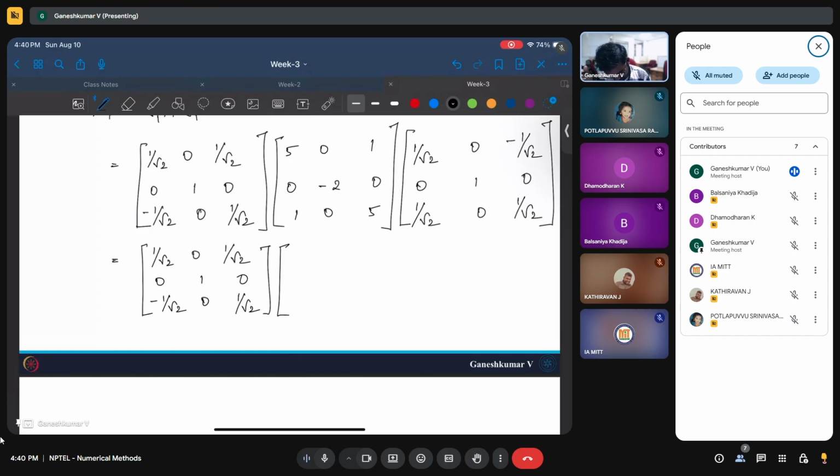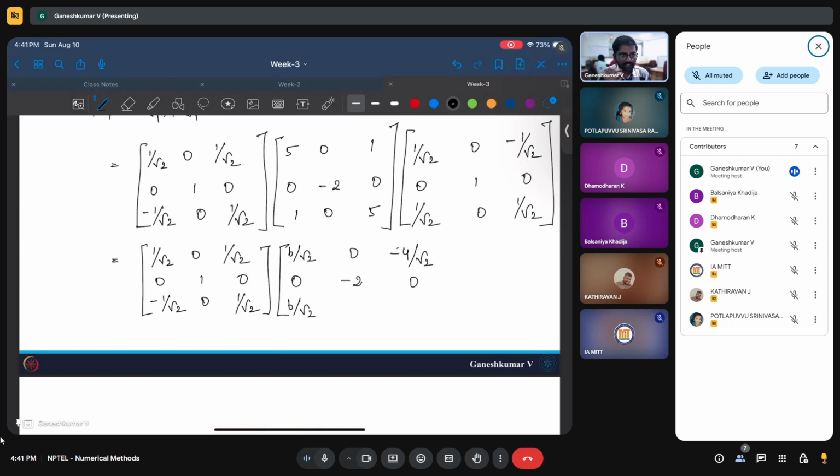How this is going to be 5 by root 2 plus 1 by root 2, which is 6 by root 2, and then this is going to be 0, this is going to be minus 5 by root 2 plus 1 by root 2, so it's going to be minus 4 by root 2, and this is going to be 0. This is going to be minus 2. This is going to be again 0. This is going to be 1 plus 5, which is 6 by root 2.